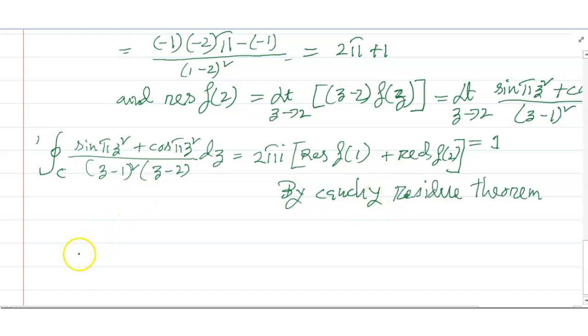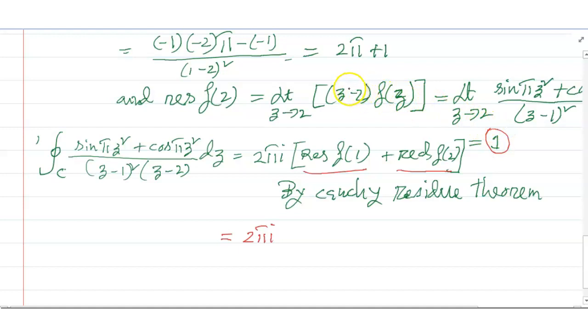So friends, just putting in the values of the residues of f1 and f2, whatever I get, this value is 2πi, and the residue of f1 is 2π and the residue of f2 is equal to 1.